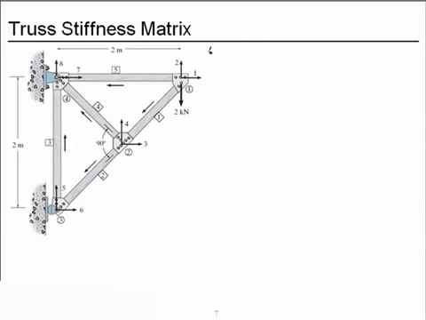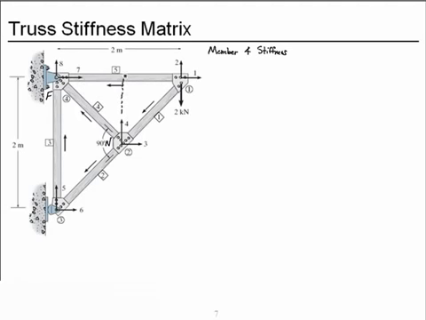Number 4. The near node is node 3, the far node, node 4. So my degrees of freedom are 3, 4, 7, 8.